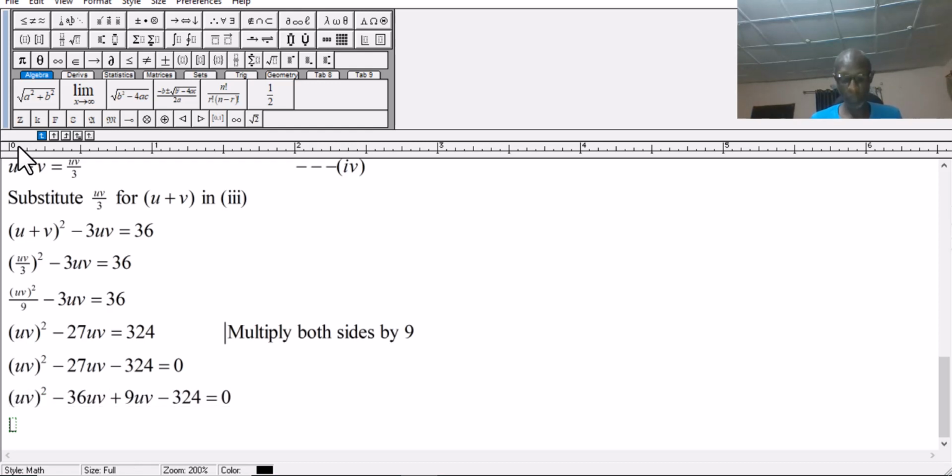So we now have something like uv minus 36 plus 9 into uv minus 36 equals 0.